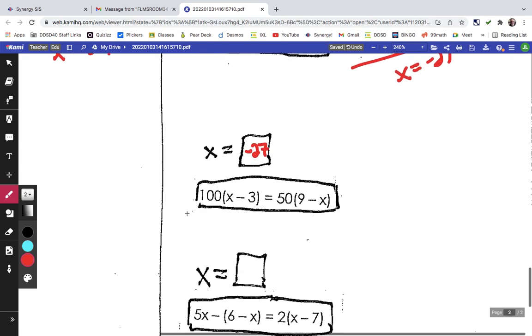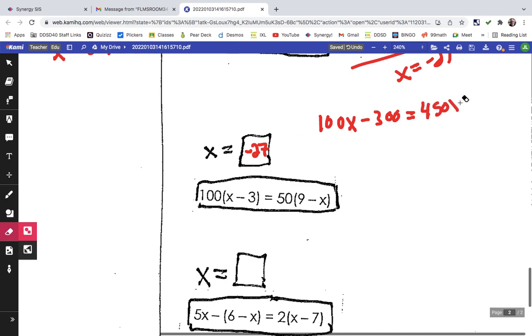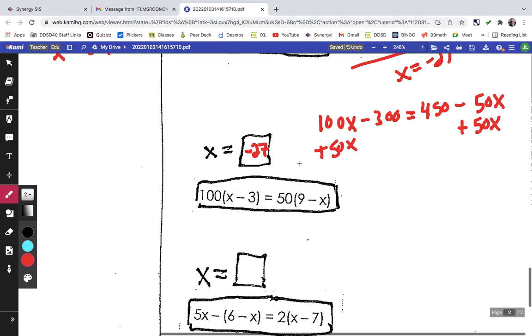The next one, I'm going to have to multiply away these parentheses, so that's going to be 100x minus 300 equals 450, minus 50x. So I'm going to add 50x to create a 0. So I have to add 50x to keep it balanced.